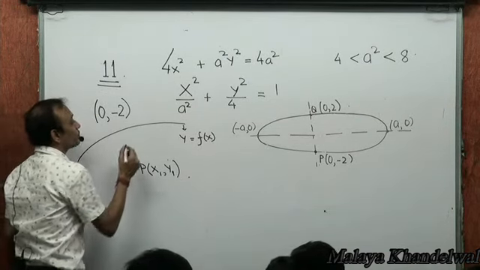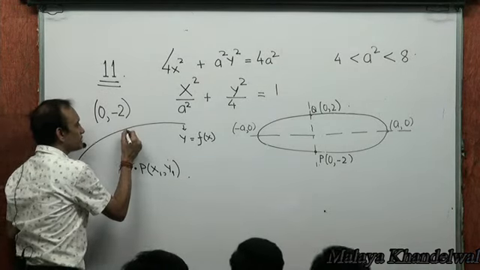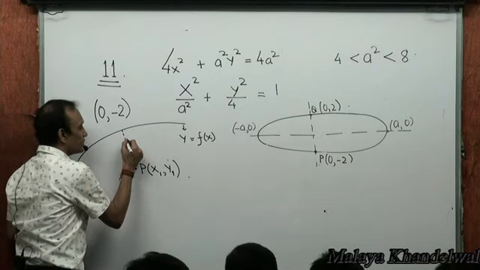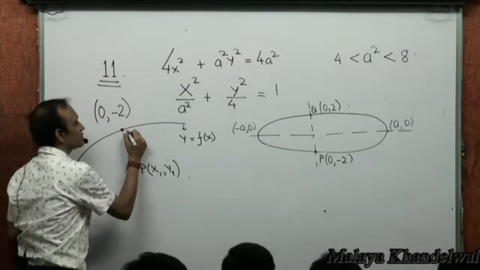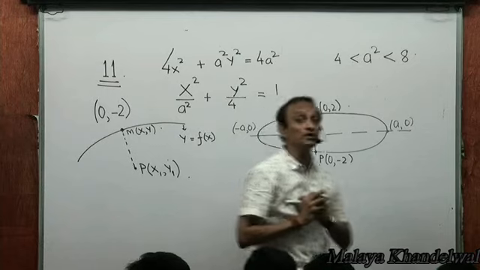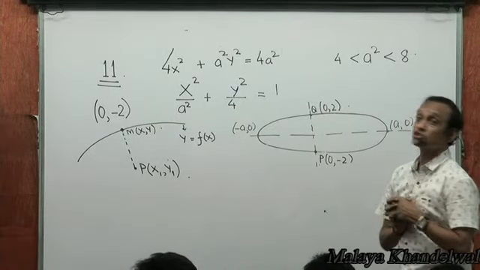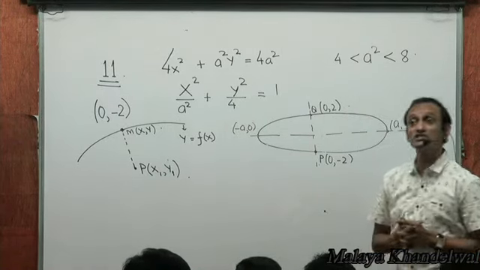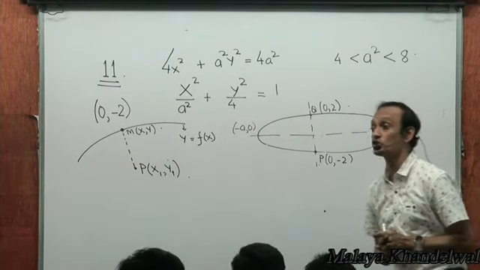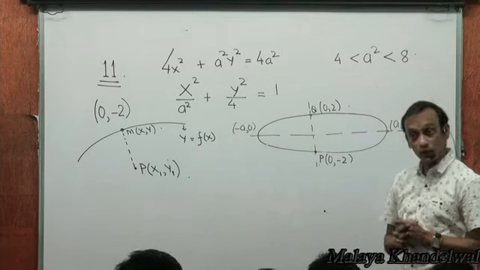I now want to be able to find a point M on this curve such that the distance between P and M is either the smallest or the largest.